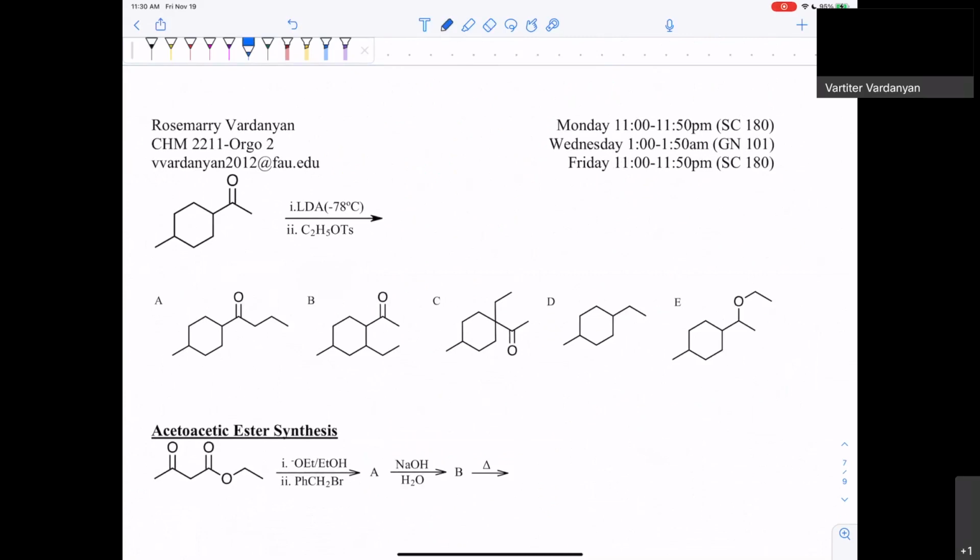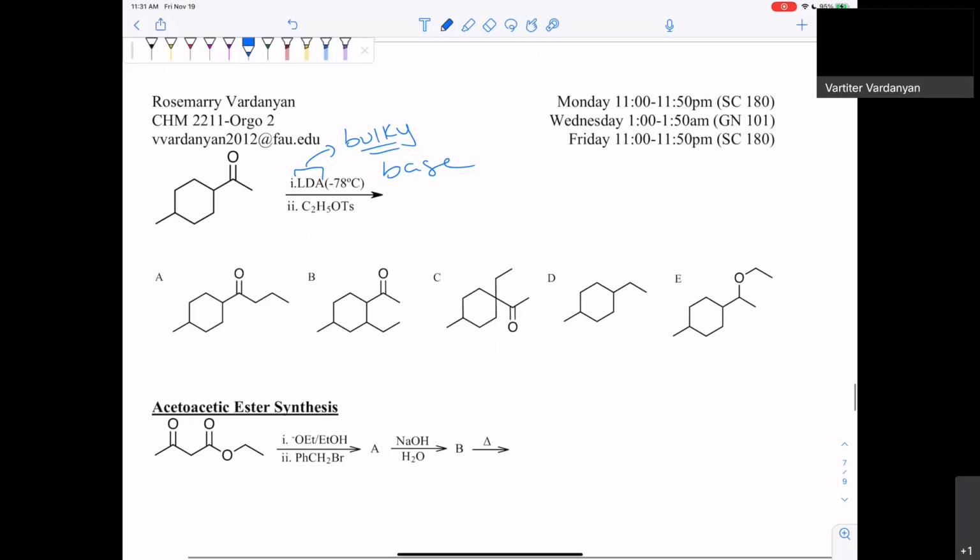All you need to know is that it is a bulky base. So I'm going to leave you with that. I'm going to give you 3 minutes or so to work with the people around you and try to come up with an answer. And then we're going to go over it together.